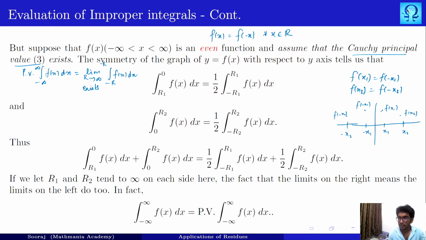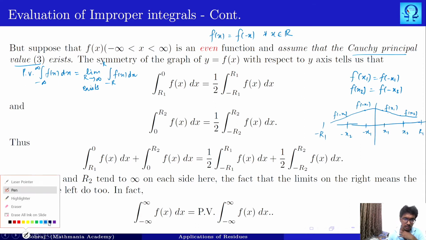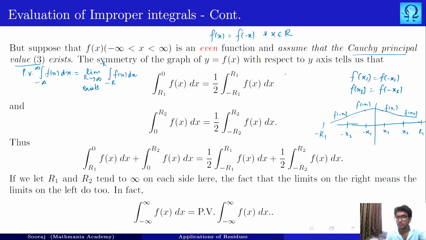So when I try to cover the area from minus r1 to 0, let this be my minus r1 and let this be my r1. Here I think I'll have to switch color. So consider the integral from minus r1 to r1 of f of x dx.